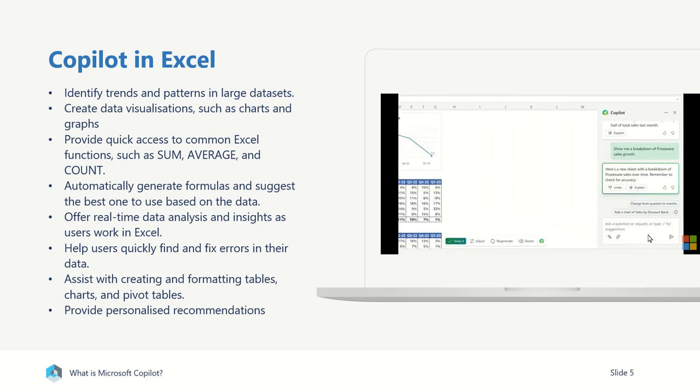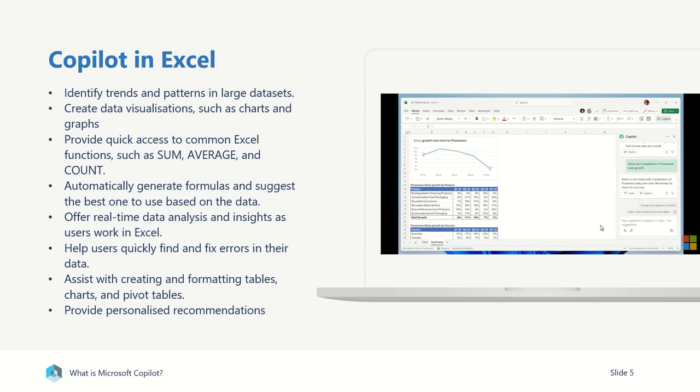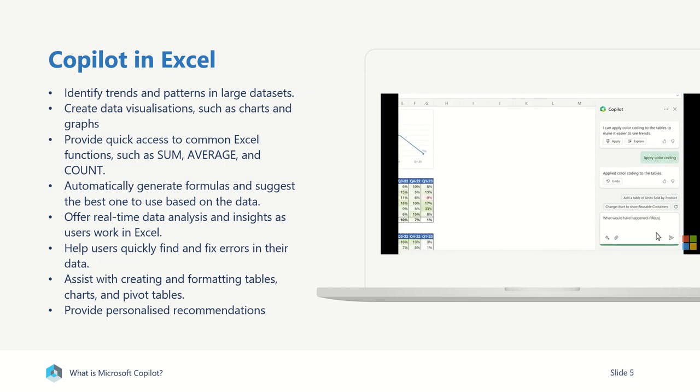You can also drill down further into that to explain a little bit more detail and ask it to drill into further information. You can ask it to help visualize certain information, and it can then generate charts based on information that is automatically found inside of your Excel document.